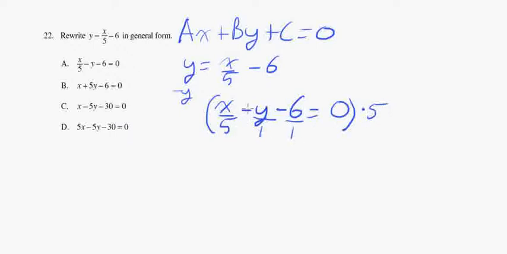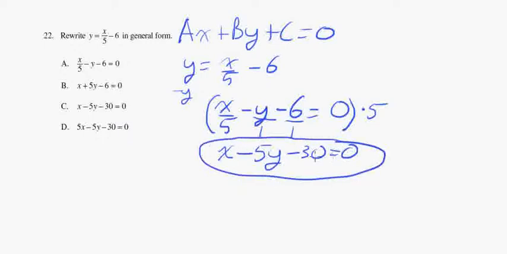So I'll multiply everything by 5. 5 times x over 5 will just give me x, because the 5 and the 5's cancel. 5 times negative y over 1 will just give me negative 5y. And 5 times negative 6 over 1 will get me negative 30. So our answer is going to be that, which when we look here, the answer is C.